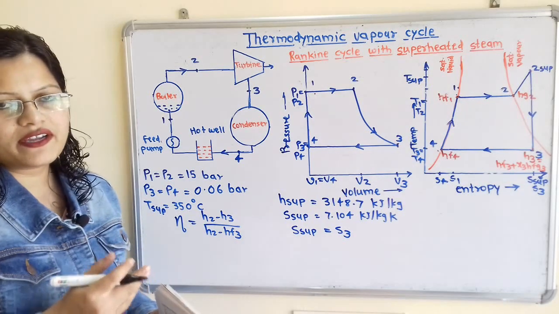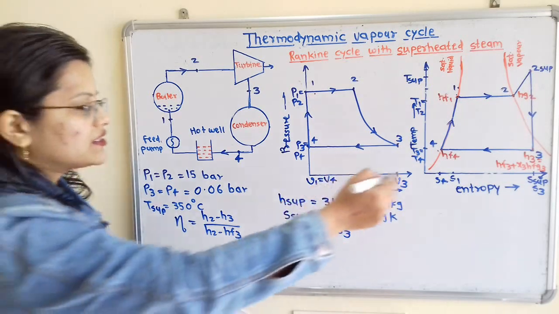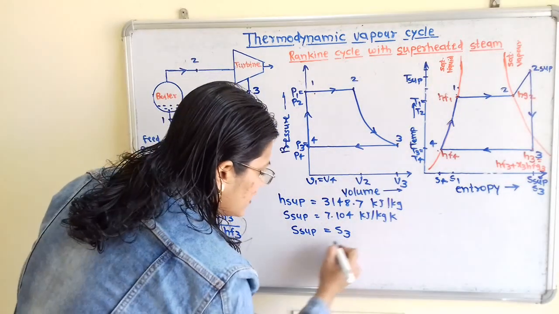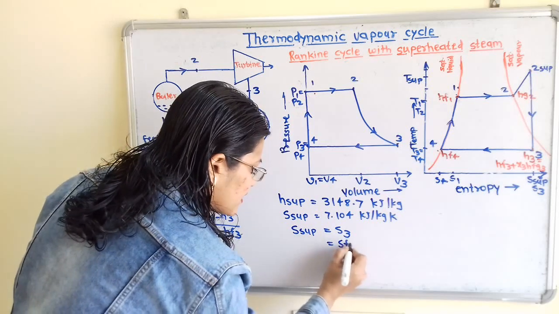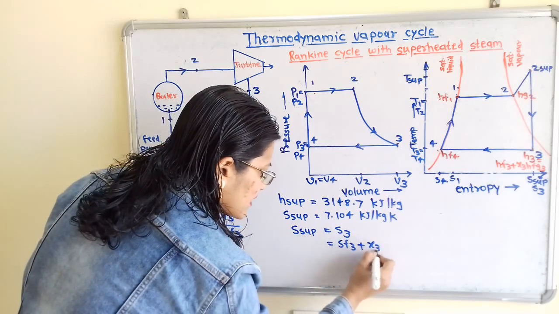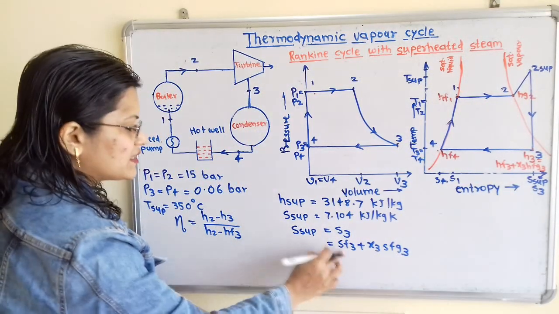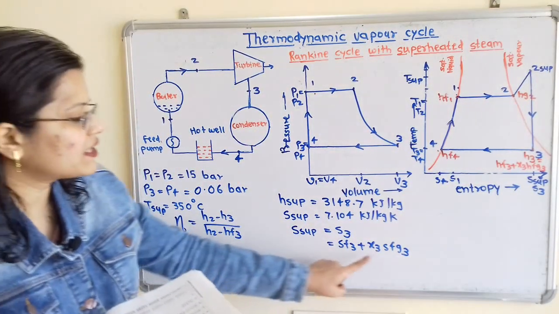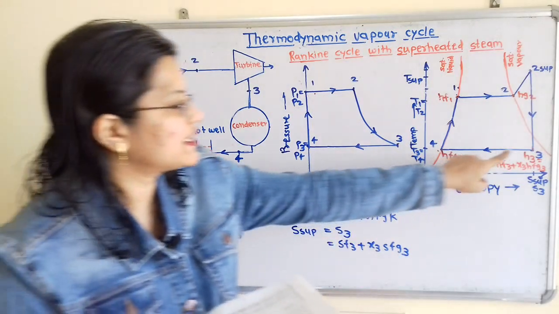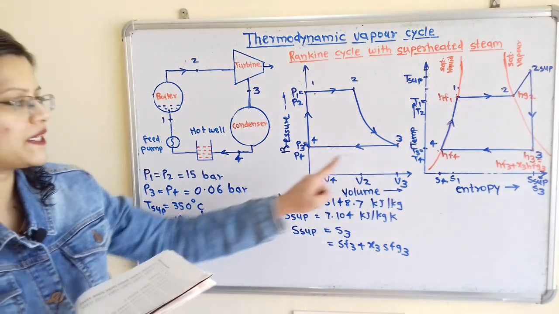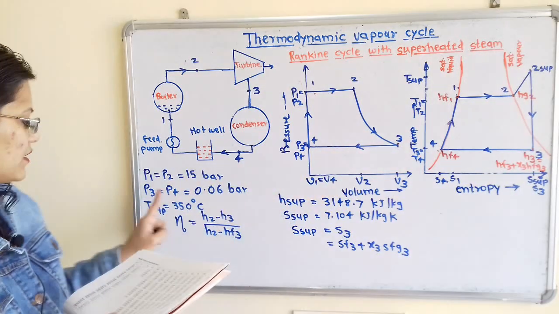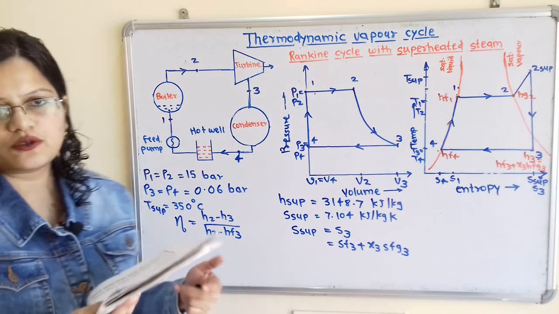Now how can we find this S3? This is wet steam, so we write S3 equal to SF3 plus X3 SFG3. Now what is SF3? We have to find the entropy at point 3 corresponding to the given pressure P3, which is 0.06 bar.